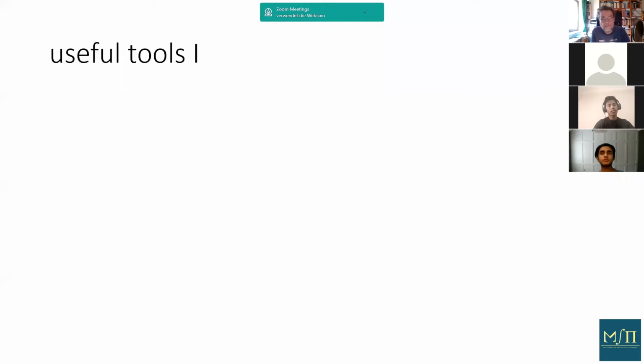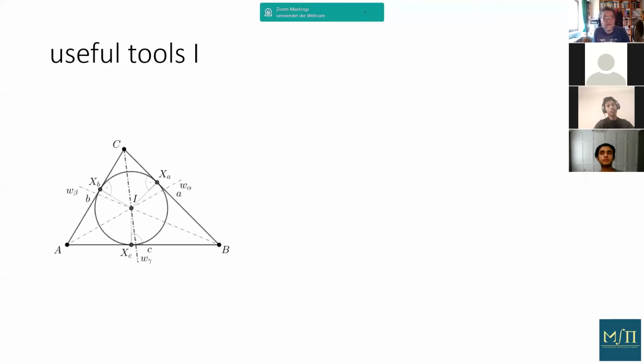So the first useful tools that we're going to be talking about, and I hope that these are familiar to you. I would guess those of you who have done this for a while and are familiar with Euclidean geometry and methods of Euclidean geometry will know these things very well, but for others maybe not so much. This is something that's worthwhile learning anyway, whether we're doing constructions or not.